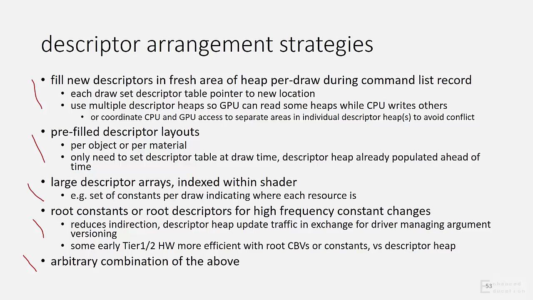Even if you just look at the first technique here, which involved filling in fresh descriptors for each draw, by just having multiple descriptor tables, the amount of wasted space in the descriptor heap can be reduced by a large amount. If you've organized sets of descriptors by frequency of update, and you're only needing to change one set between two draws, you only have to write the fresh descriptors for the part that changed and change the corresponding descriptor table.